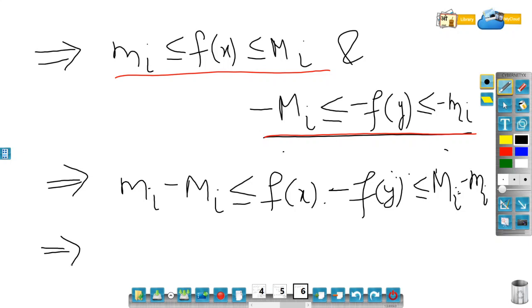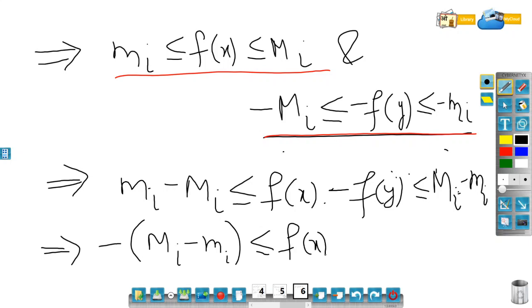That would imply, if I take the minus sign common, capital Mi minus small mi is less than or equal to f of x minus f of y, less than or equal to capital Mi minus small mi.